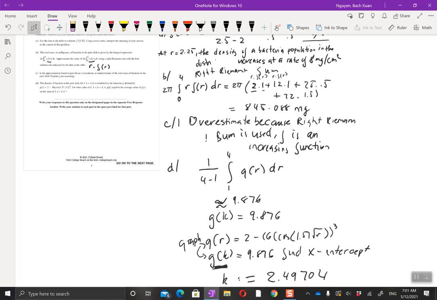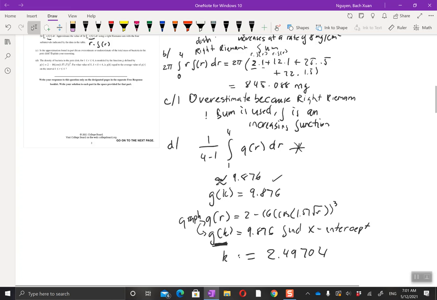Okay, so I go ahead and write down the average value of g of r from 1 to 4 and plug it into the calculator. I got 2.876. So we are finding a value of k so that g of k is equal to 2.876.